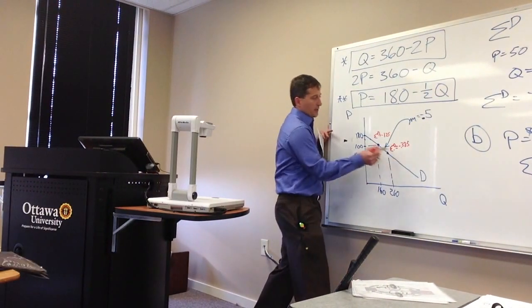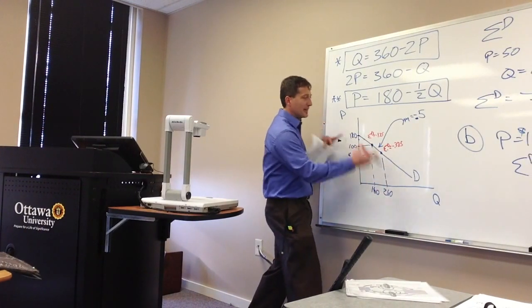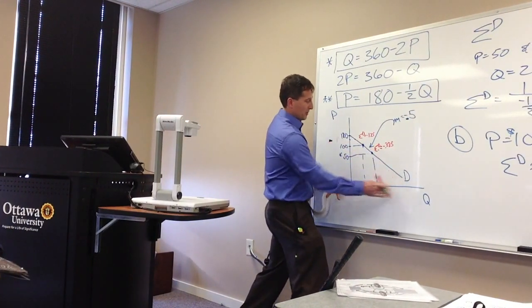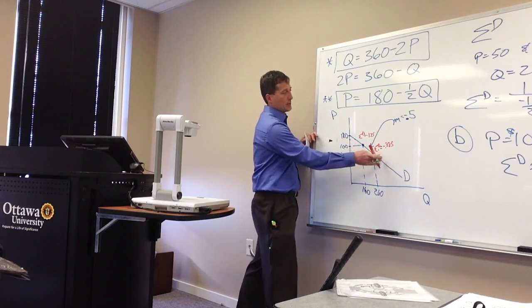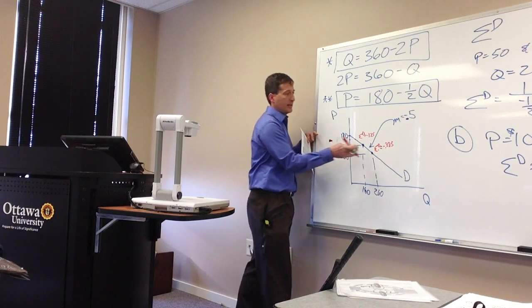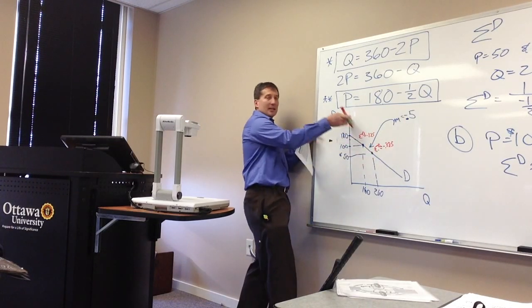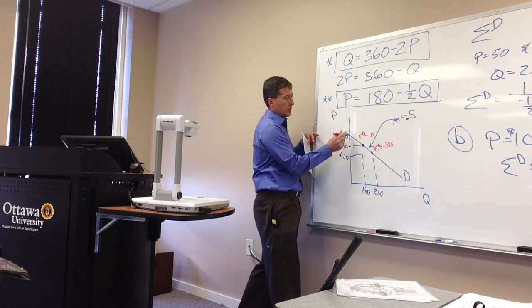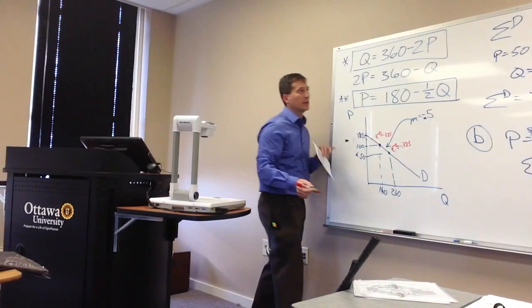It also means that we crossed over 1 somewhere in the middle. I didn't draw this to scale, but presumably the midpoint's somewhere in between. As we move upward along a linear demand curve, the elasticity of demand in absolute value gets bigger. As you approach this endpoint, it gets close to infinity. Down here, it gets to 0.